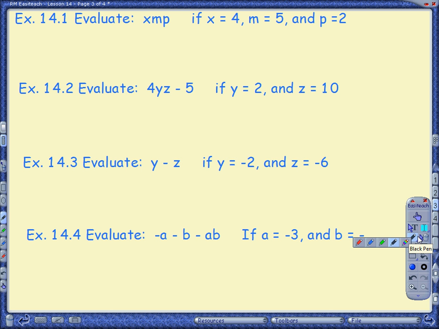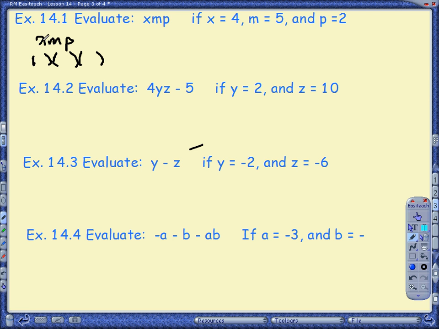We want to write down xmp again, and make a parentheses to hold the place for each of the variables. This is very important that you do this in each and every one. This is a rather simple one, but as we go along, they will be getting more difficult.